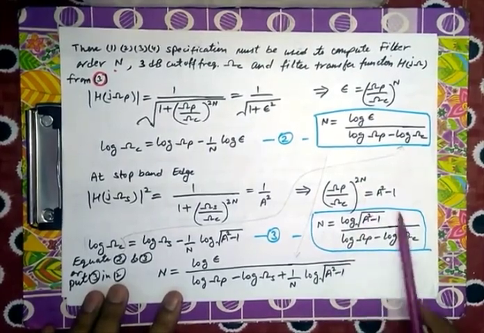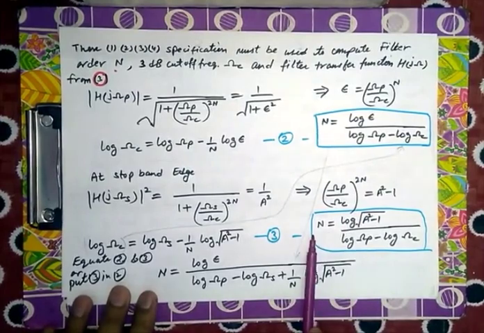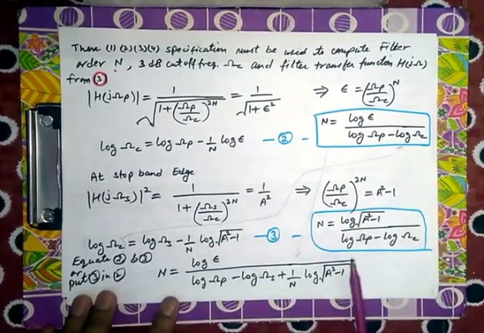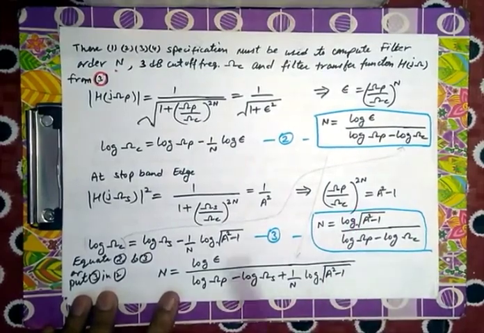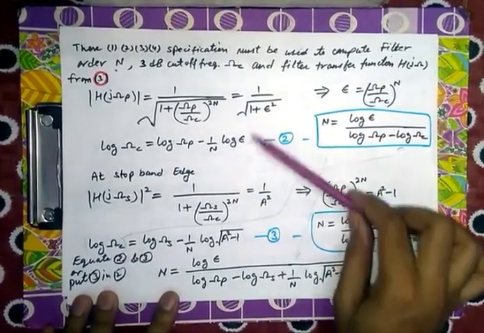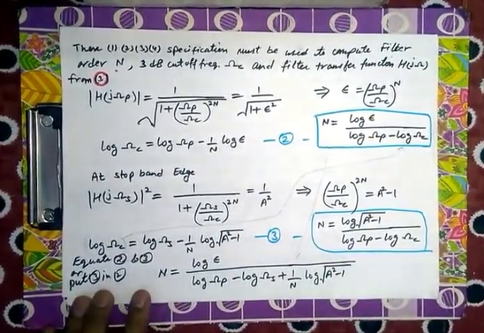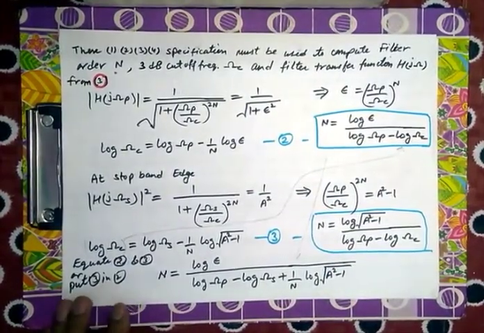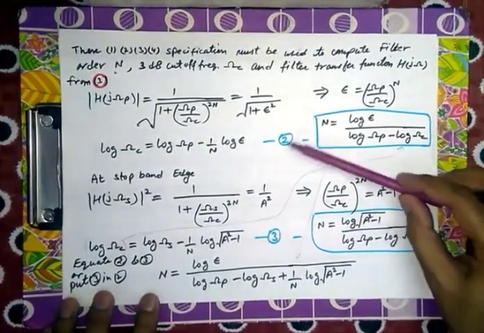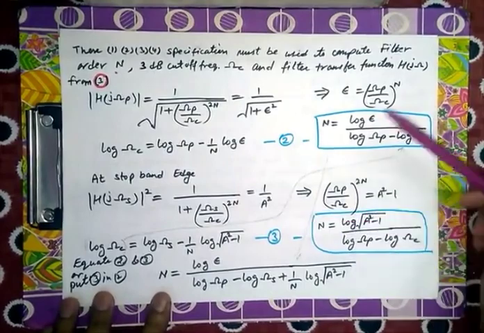Then we will have the log equation here, and further this equation can be written as equation number 3 after cross multiplying. The method is the same. So all three equations are equation number 3, and all three earlier equations are equation number 2. We now have two equations from the specifications given. Now, simply putting equation number 2 into equation number 3, or equation number 3 into equation number 2, or equating both equations is the same.